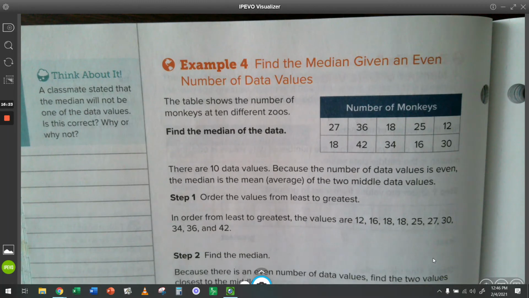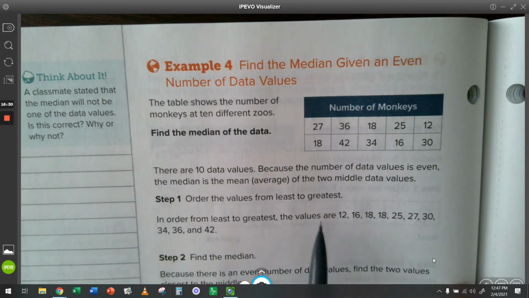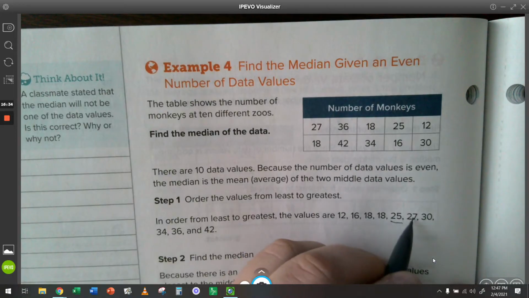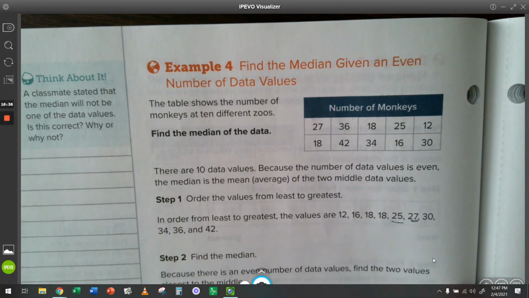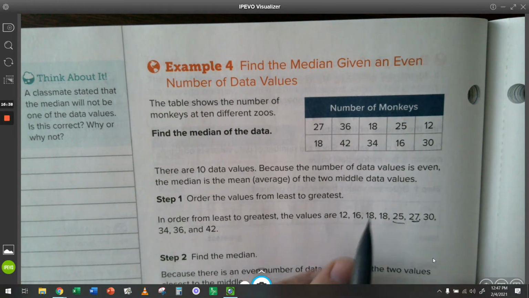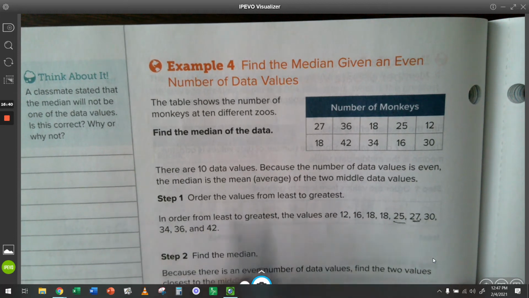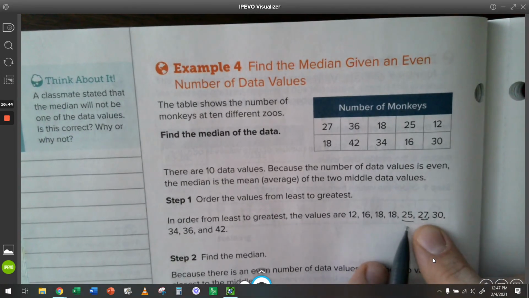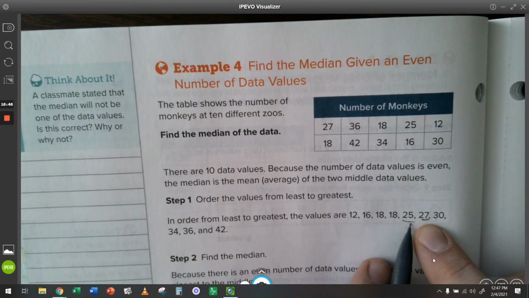Now, 10 divided by 2 is 5. So I'm going to choose both the 5th and the 6th data value in this list. 1, 2, 3, 4, 5, and 6. So 5 and 6. That shows me now there's 4 below and 4 above. So these two are our middle points. Now, what do we do? We actually find the average of these two.